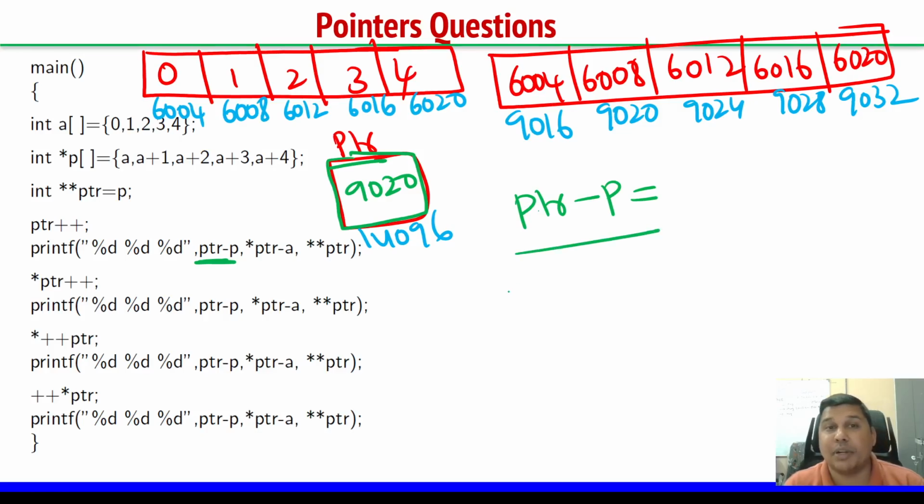We know that between two pointers we can perform the subtraction operation. What is the difference between PTR and P? Please guess. Yesterday we discussed pointer arithmetic.